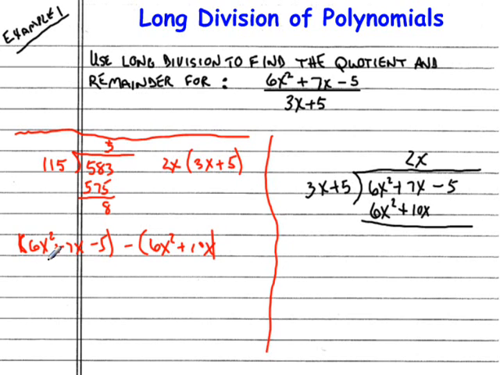Now we know this is going to create a 6x squared subtract 6x squared, which will be 0. So that's the 6x squared subtract 6x squared we see here. And then we know that's going to create a 7x subtract a 10x. Well, of course, that's negative 3x. That's the 7x subtract 10x here.